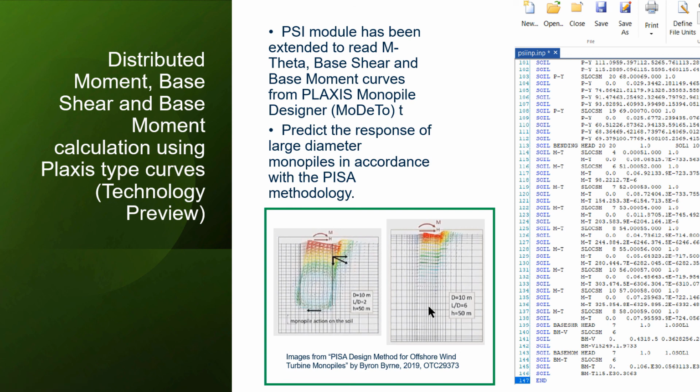Anyway, in this way, users can design monopile structures in accordance with the PISA method. Before this feature, Pile 3D that I mentioned in the previous slide was the only one capable of reading this data from the Praxis model. Let me move on to the next page.